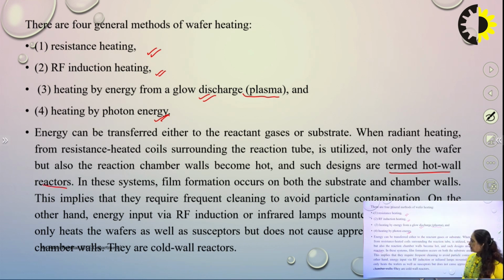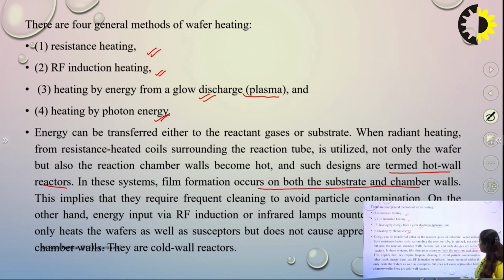In these systems, the film formation occurs both on the substrate and on the chamber wall. Your wafer is hot, and the chamber walls are also hot. The complete system is hot. So when we deposit some material, that deposition will be on the wafer, as well as some of the material on the chamber wall. So that is the drawback.